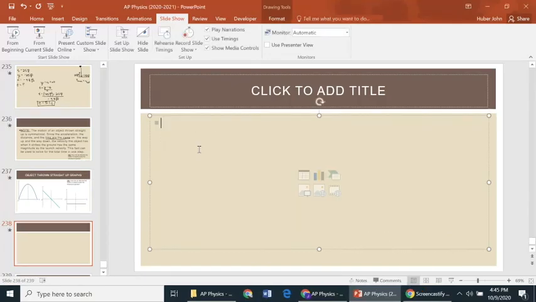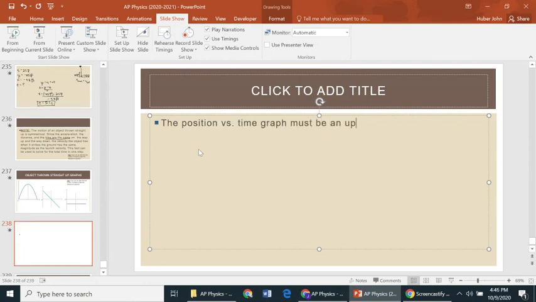And so we'll say here, position versus time graph must be an upside down parabola.